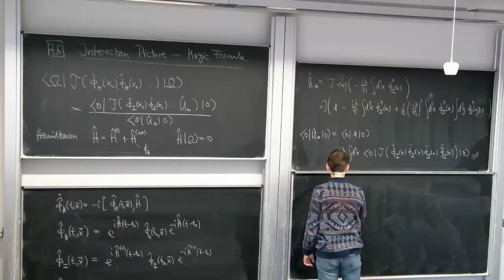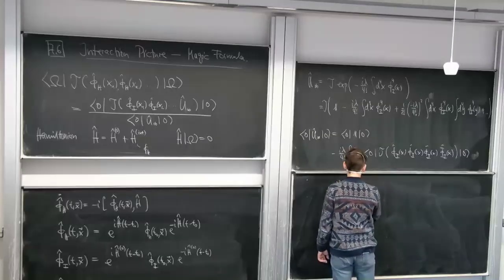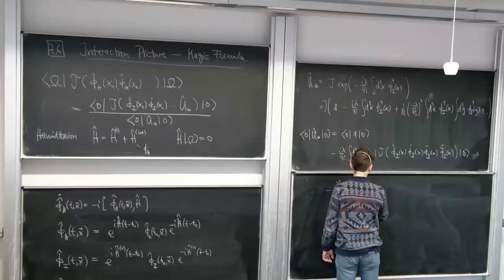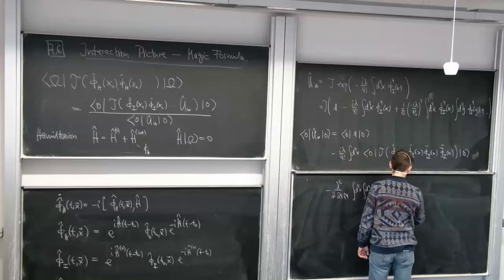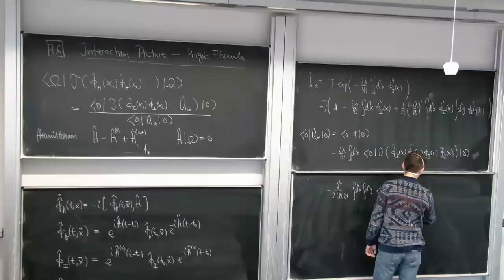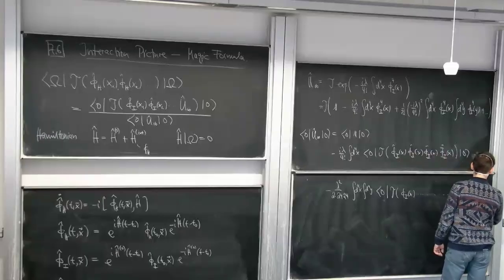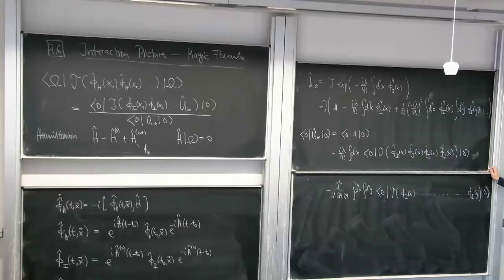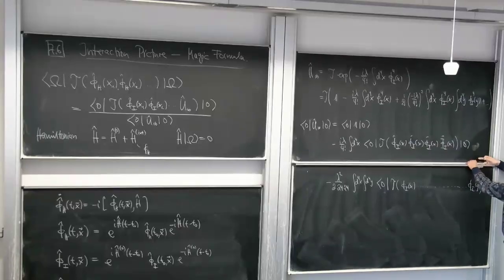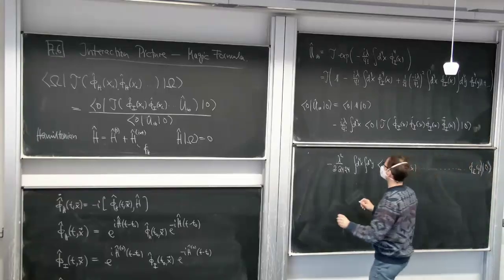That's 2 times 24 times 24. I'm not going to do that. And then integral d4x, integral d4y, and then time ordering phi_x phi_x phi_x phi_x phi_y phi_y phi_y phi_y, 0. These are 8 fields in there. Let's do it.